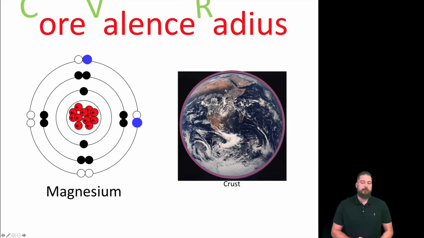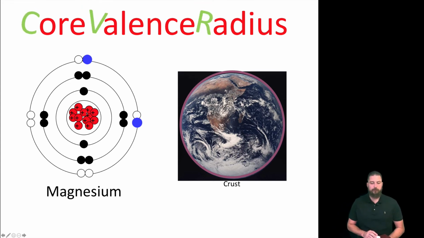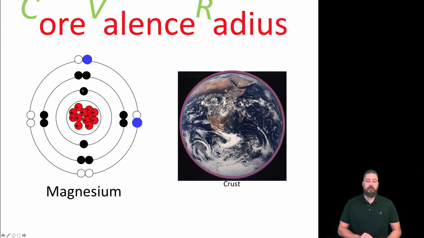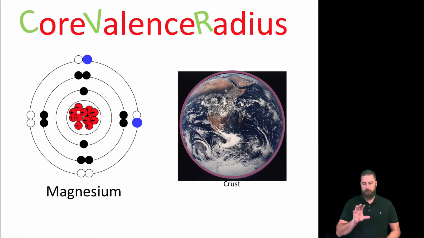Now, if you look at the center here, the center has 12 protons. What ends up happening is that you'll see we have on this first energy level 2 electrons, and on this second energy level we have 8 electrons. And those electrons aren't sitting there, they're actually going around the nucleus. They're not stationary.